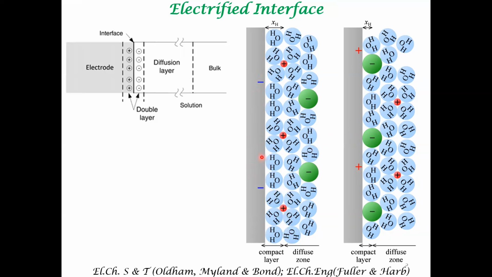They're not that mobile because of certain reasons. So that's called a compact double layer, and there is a diffuse layer. Instead of diffusion layer, this could have been better referred to as diffuse layer. I mean, we can justify this usage also, but we can take up these questions in the discussion session.